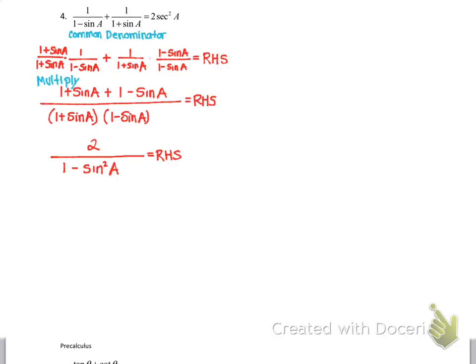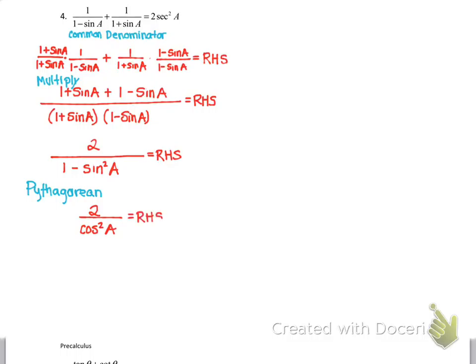So then, what we're going to do is there's a Pythagorean identity. 1 minus sine squared actually equals cosine squared.